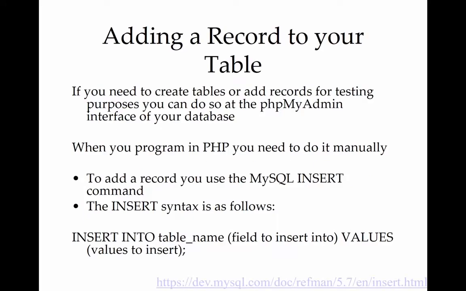some more information here. So we want to add records to our table. What do we use? Let me use this laser pointer function here. We use this insert syntax. In the past we retrieved records from the database.